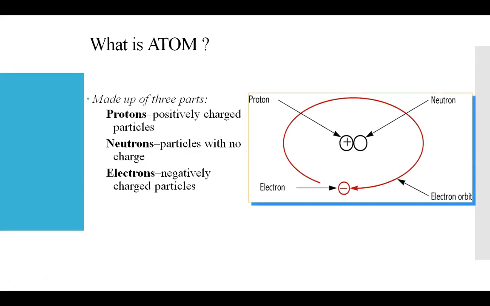If I show over here, did you know about this? The atom is made up of three parts: protons, neutrons, and electrons. I hope you remember this. One is the proton, the positively charged particle. Another is the neutron, the particle with no charge.